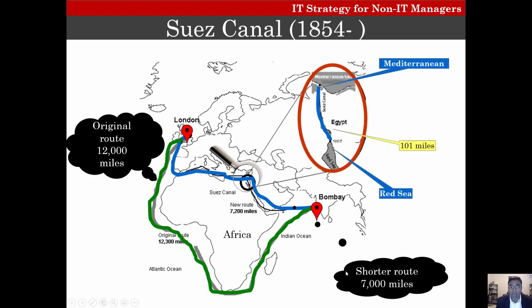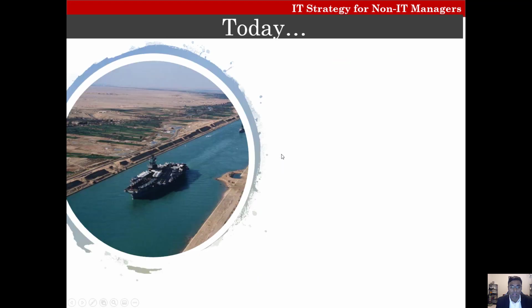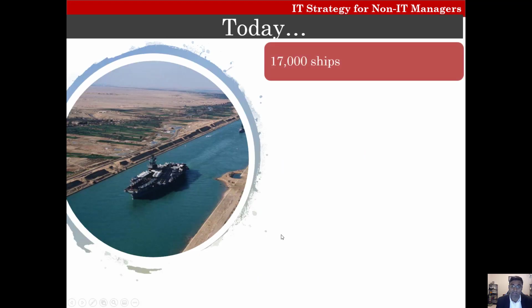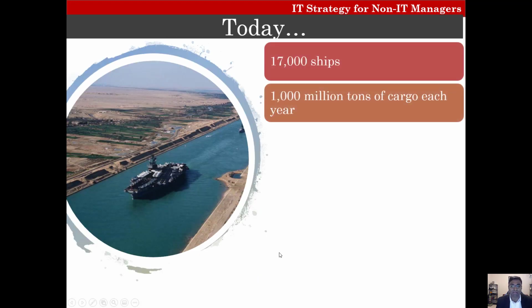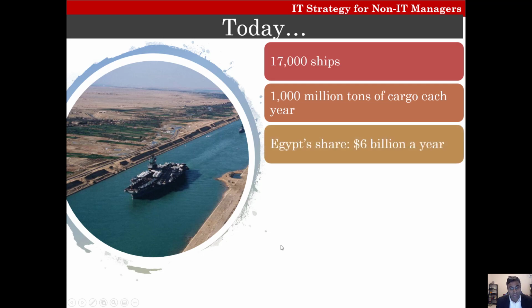This stretch of 101 miles was supposed to give the Egyptian government a lot of revenue, and today there are 17,000 ships and 1,000 million tons of cargo each year. Egypt's share is $6 billion.